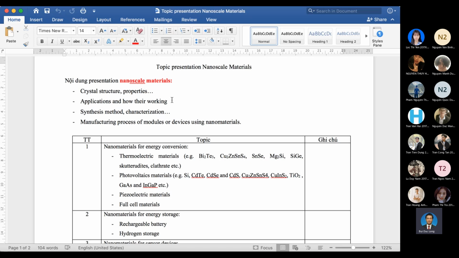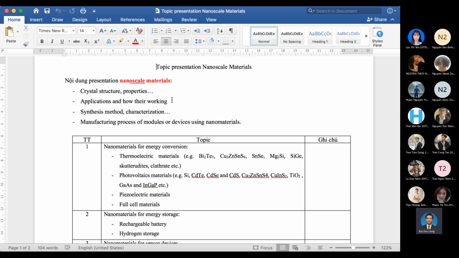Or if you choose a nanomaterial for battery application, you have to explain how this nanomaterial can work for a battery. This means you also have to explain the working mechanism of the devices you want the material to be applied to.